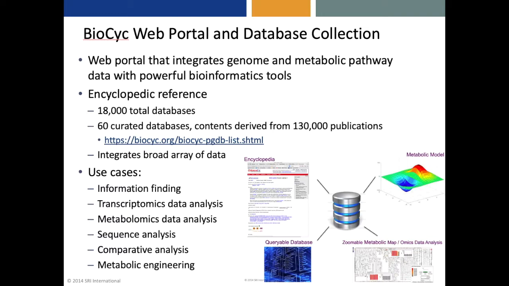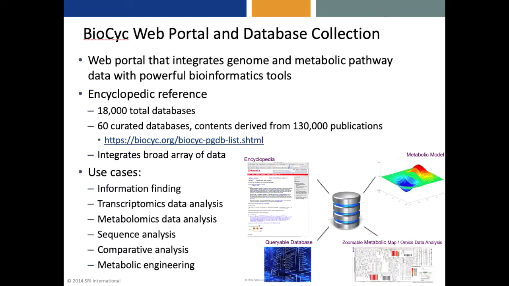BioCyc is a web portal and a database collection that integrates genome and pathway information with powerful bioinformatics tools. The Cyc in BioCyc stands for encyclopedia because it's an encyclopedic reference with 18,000 total databases for different sequenced genomes. Of those 18,000, 60 of the databases are curated, with their contents derived from 130,000 publications.